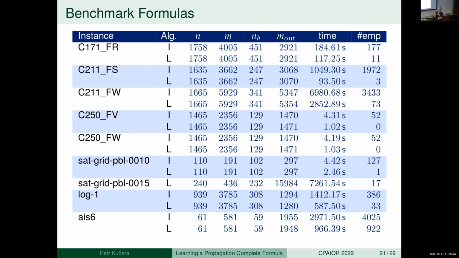That last check takes quite a lot of the compilation time. So it's not the compilation itself, it's just checking that the compilation finished. So if you stop early, you can get something like an approximation of propagation complete formulas that might be enough in some cases.